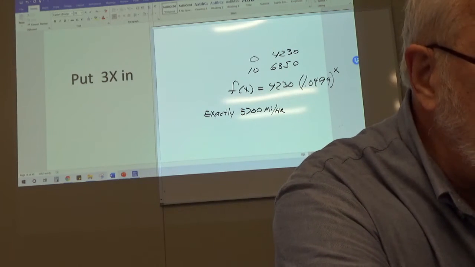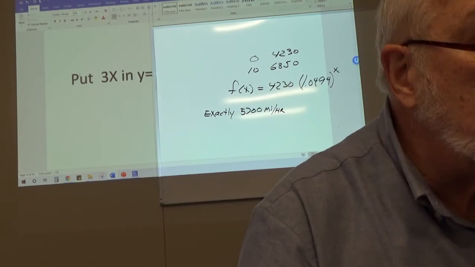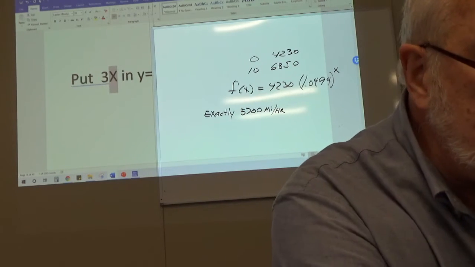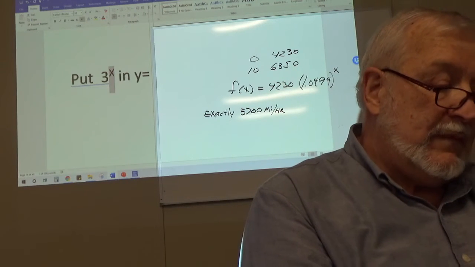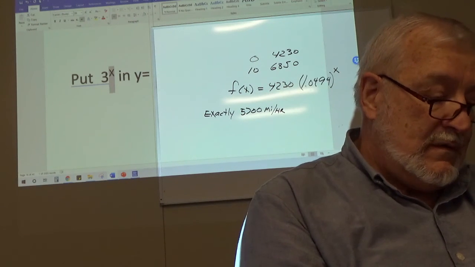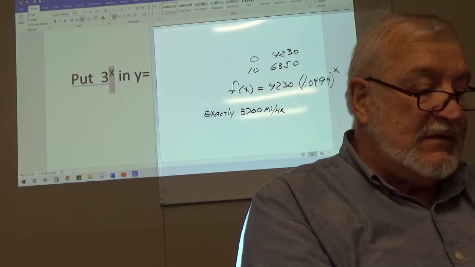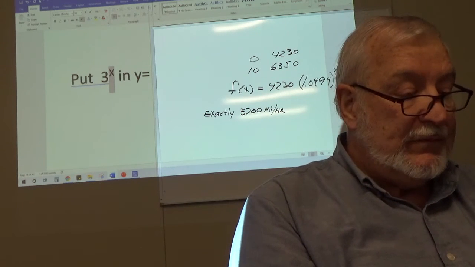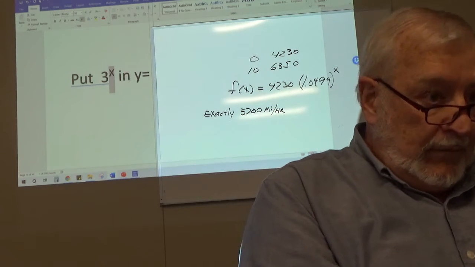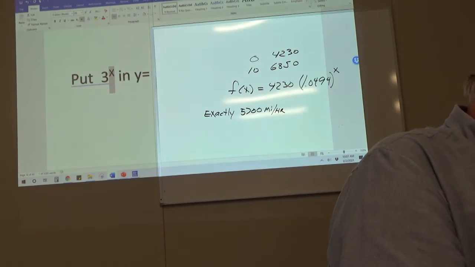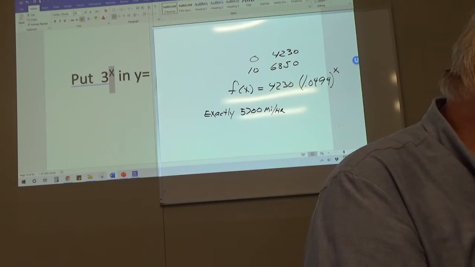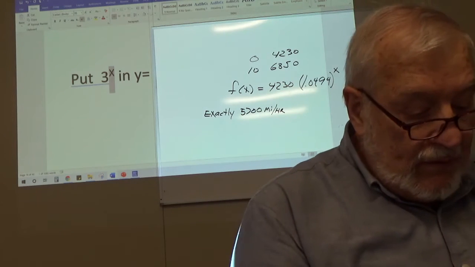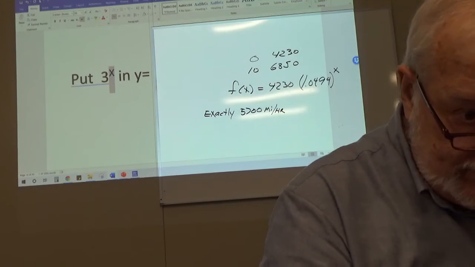The first thing you need to do is put 3 raised to the x power into y equals. Now, how can you find f of 4, f of 3, f of 2, and f of 1? Use the table. So go second table.